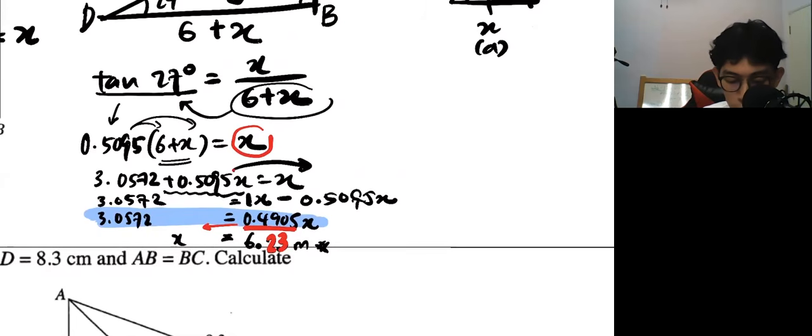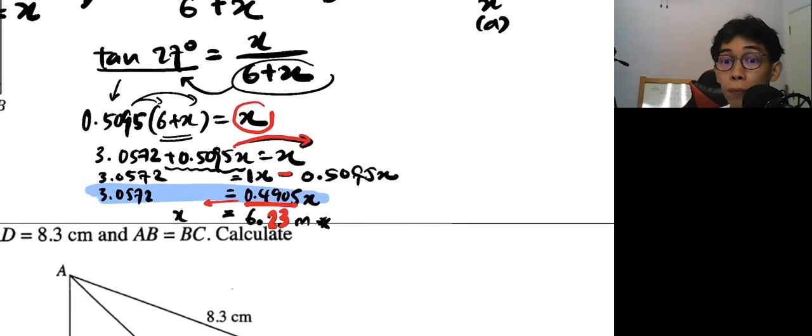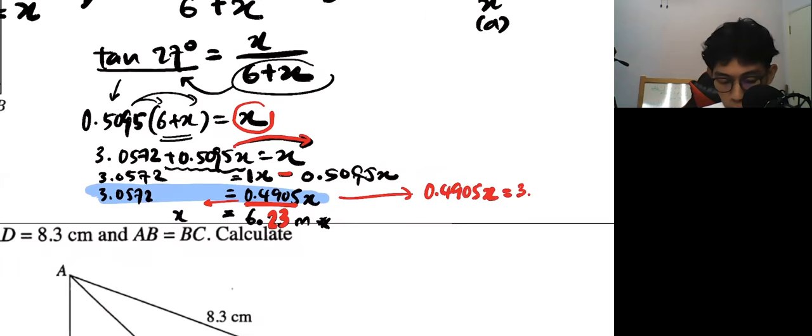You know this one plus 0.5095, you move it over there, you have to minus it, right? This one you understand? Okay, good. After you minus it, you get 0.4905. Suppose you want to get the x answer, and I write another extra working: 0.4905x equals 3.0572.